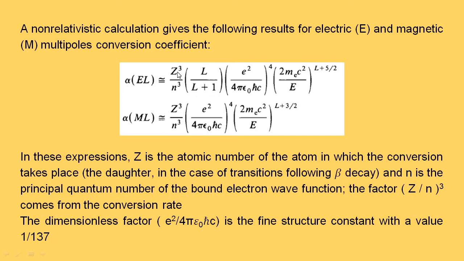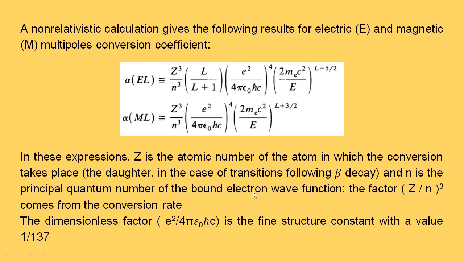Alpha EL you can write as Z cubed by n cubed into L by L plus 1, e squared by 4 pi epsilon 0 h cross c, raised to 4, 2 m e c squared divided by E, raised to L plus 5 by 2. The terms are known to you. This Z is the atomic number of the daughter nucleus, and n is the principal quantum number of the bound electron wave function.